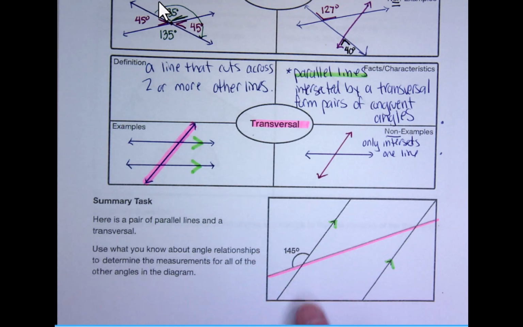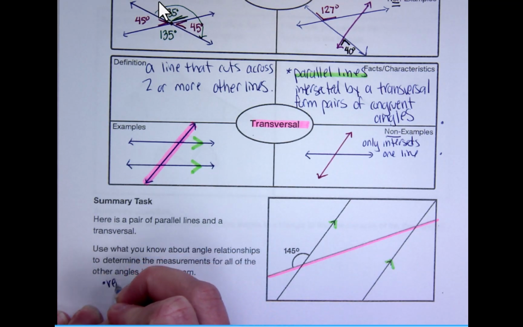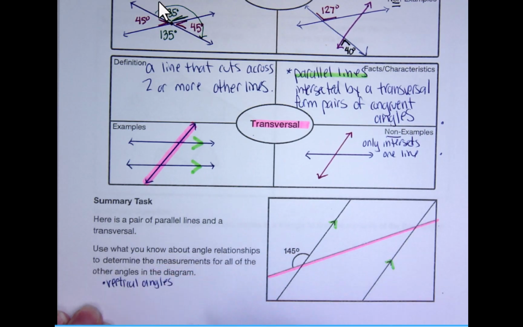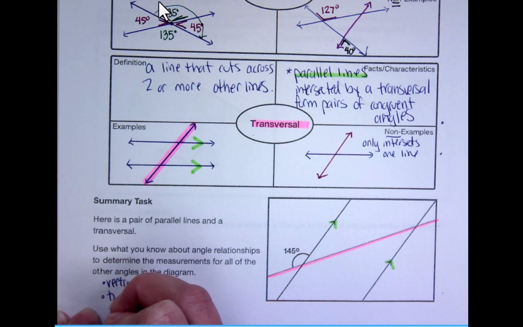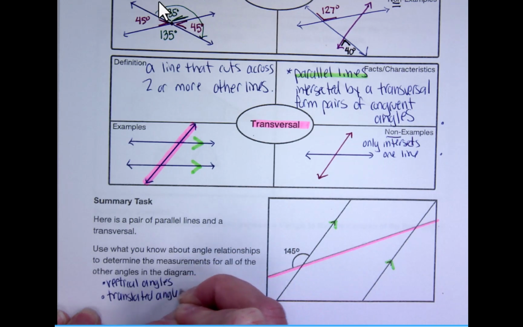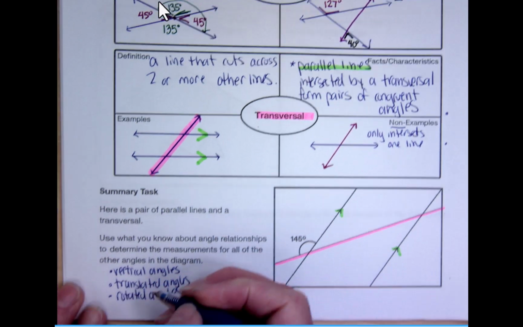Let's take a look at how we can use just that one to figure out the measure of all the other angles that are formed by these three lines. And what we're really going to be using are what we know about vertical angles, angles that we can translate, angles that we can rotate, and supplementary angles.